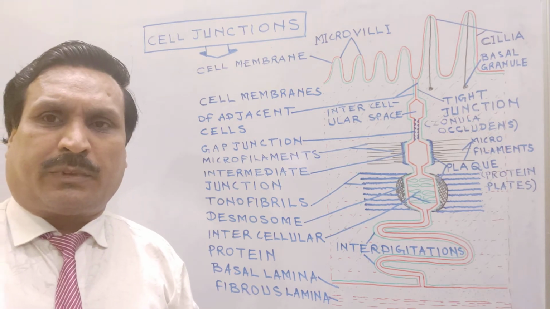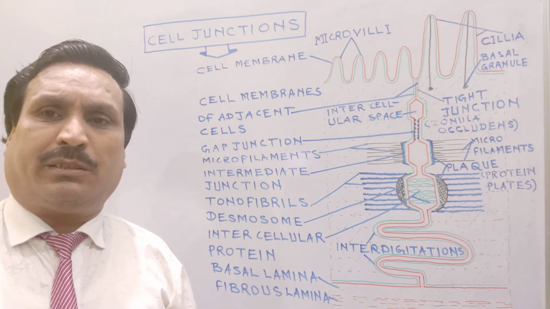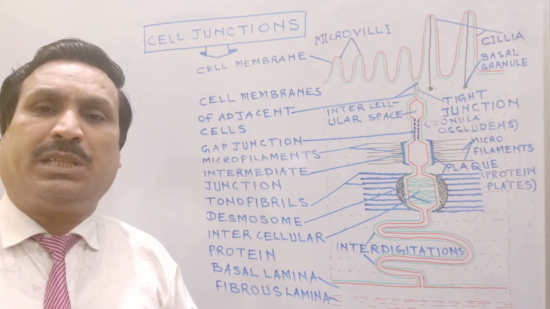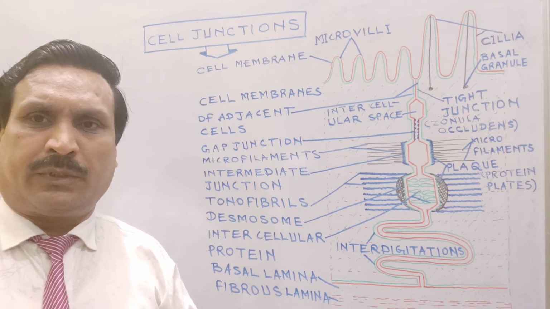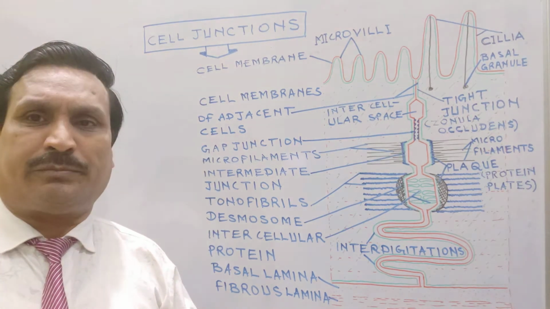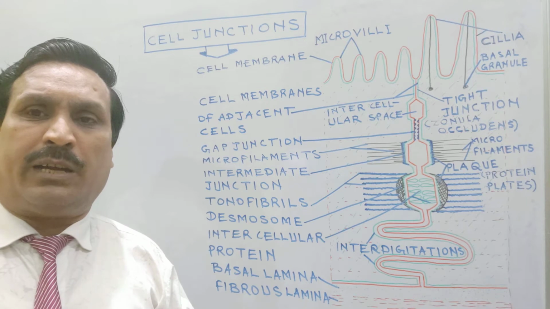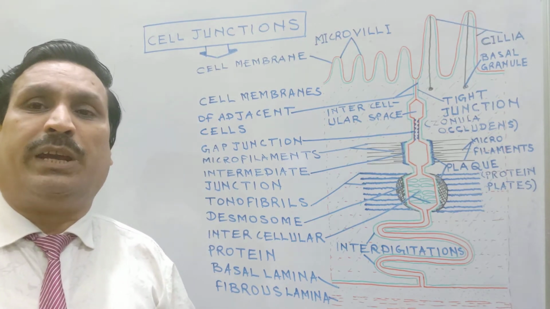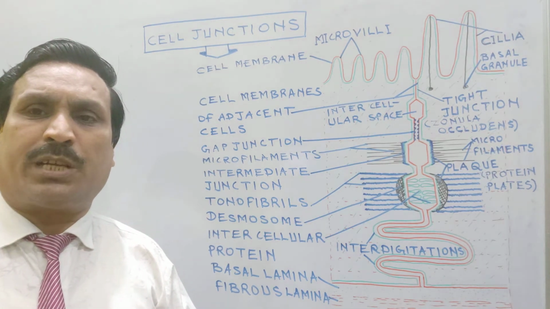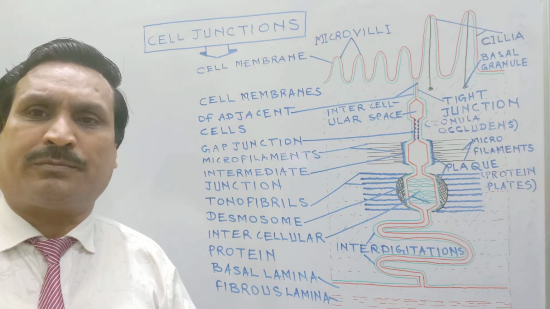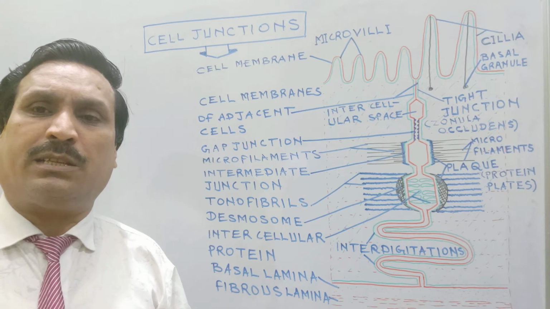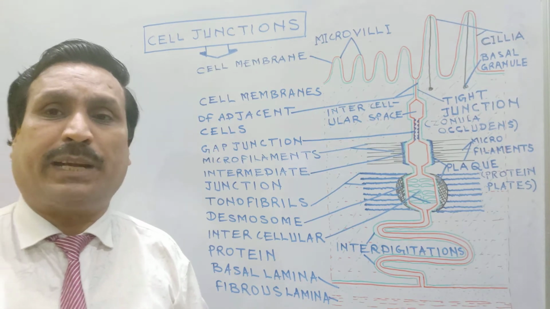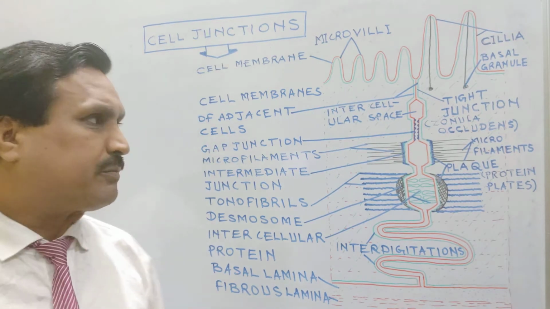As in a monument or house, bricks are joined with each other with the help of a cement and sand mixture. In the same way, our structural and functional units, that is cells, are joined with each other with the help of different types of junctions.